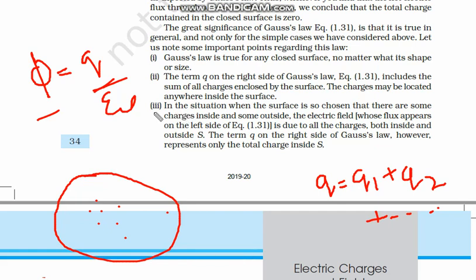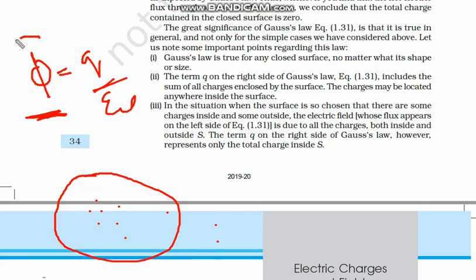Now the third thing is the situation where the surface is chosen such that some charges are inside and some charges are outside. The electric field whose flux appears on the left side is due to all charges.